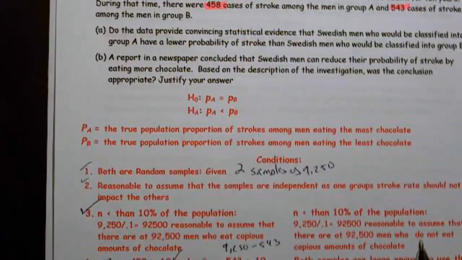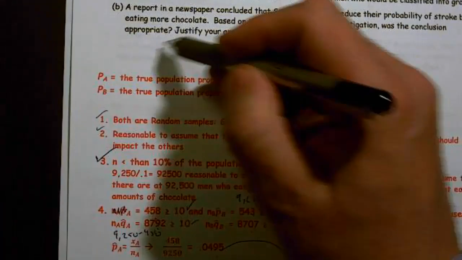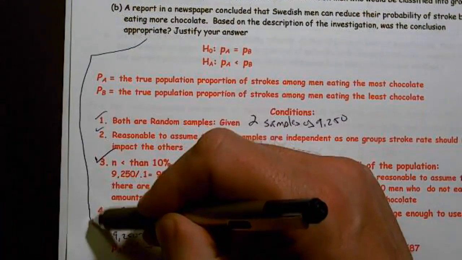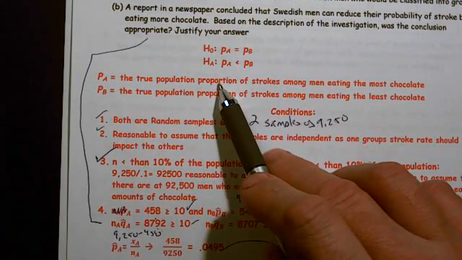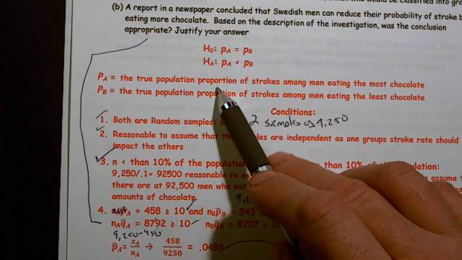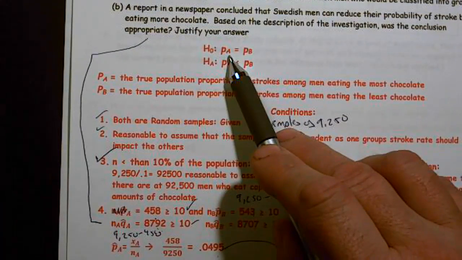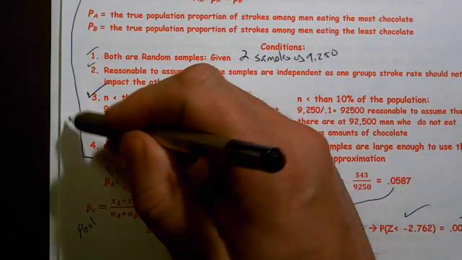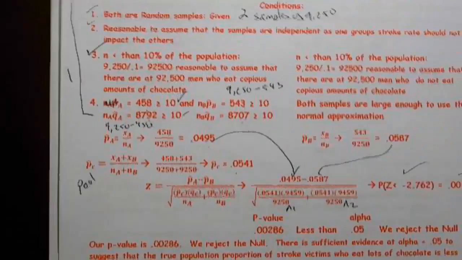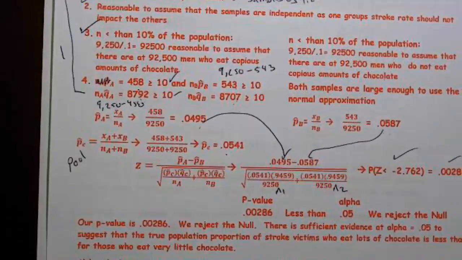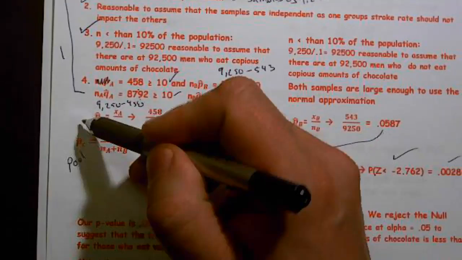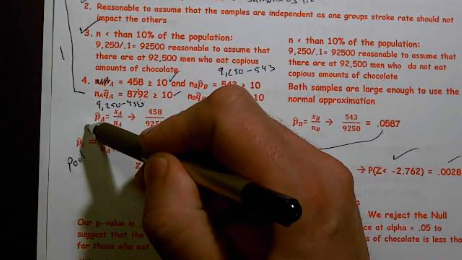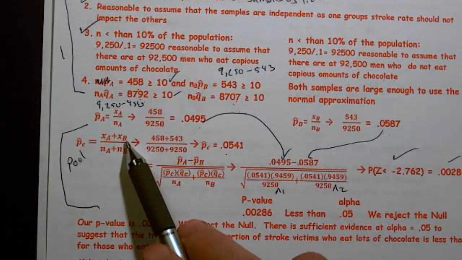All right, so let's look at our scoring. On our scoring, the first point came from the conditions and defining it. You had to define the parameters, write the null and alternative, and give the conditions. That got us 1 point. The next point came from all of your calculation work, which means you had to show how you got your pool.